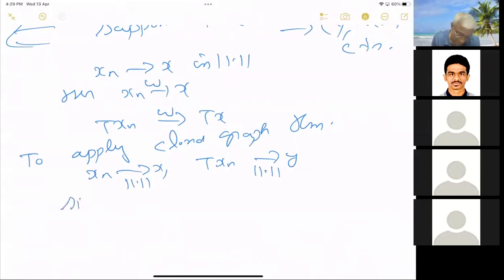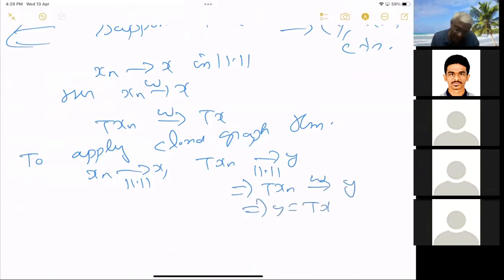But since Tx_n converges to y, Tx_n converges to y weakly also. This implies y equals Tx because the limit is unique in the weak topology.